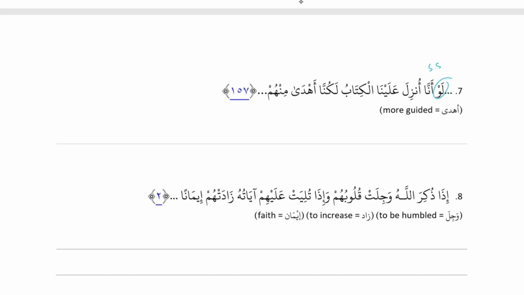Unzila is past active. No, past passive because of the ُu. And then alayna is TLDR and it's noun. Okay. And then al-kitab. Oh, and then na is not related to al-kitabu because they're two specific nouns, so we have a break there. And then al-kitab was just on its own.